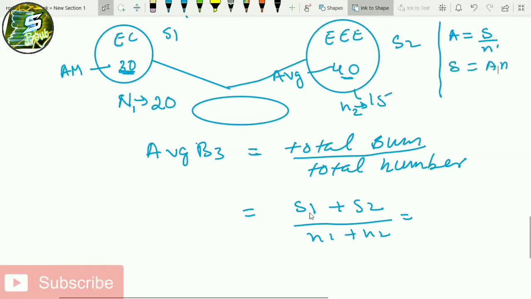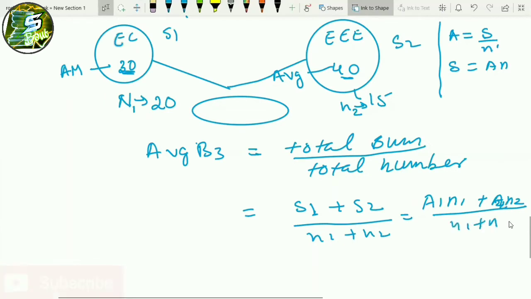Same thing I'm writing, it's just that 1 means first group. So can I write S1 is equal to A1 into N1, plus A2 into N2, whole divided by N1 plus N2. I guess all of you know that in the entire question, all the data are given now.